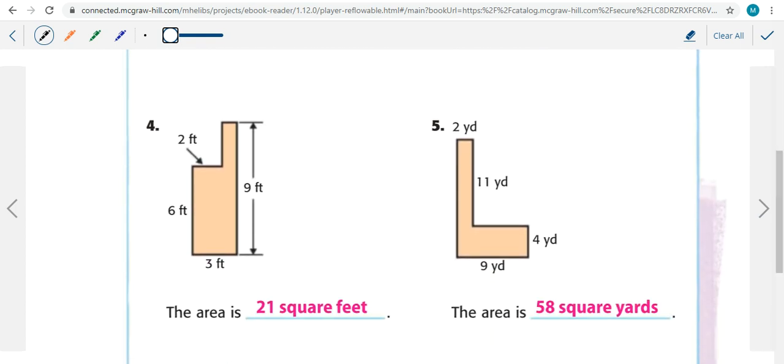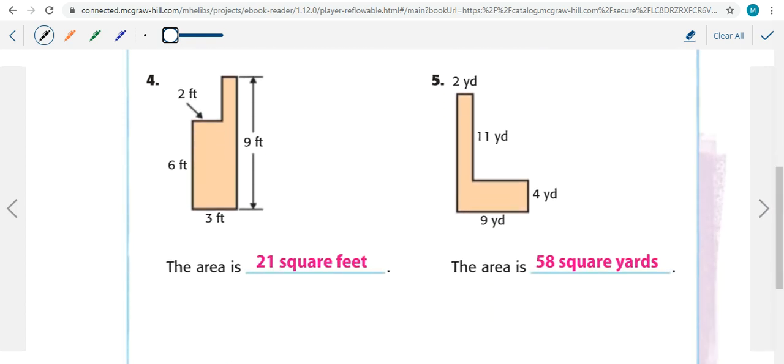Now, let's do number 4. Now, we can see that here we can decompose this as maybe this. Let's see.